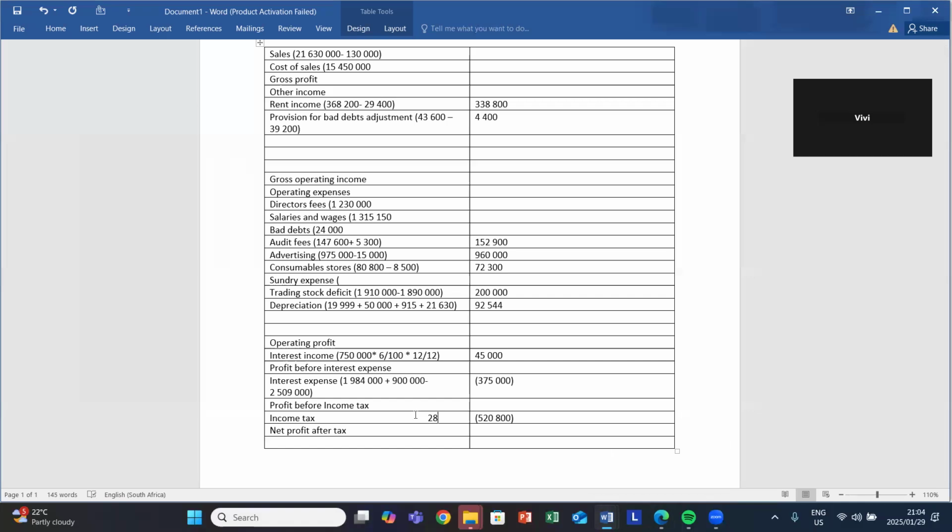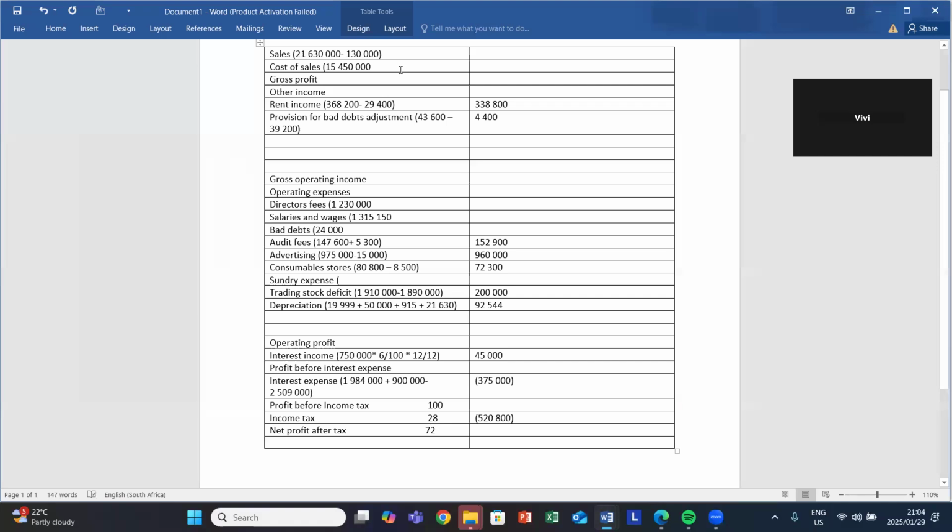Of net profit before tax. Remember that we know our profit before tax is 100%. To get our net profit after tax, we say 100 minus 28, in which we get 72%.